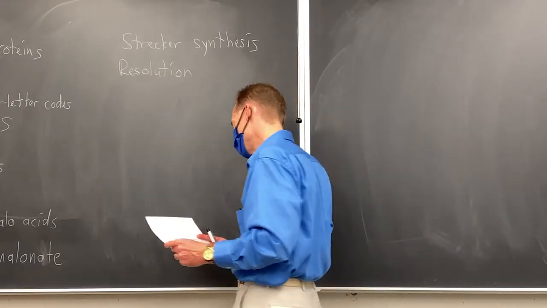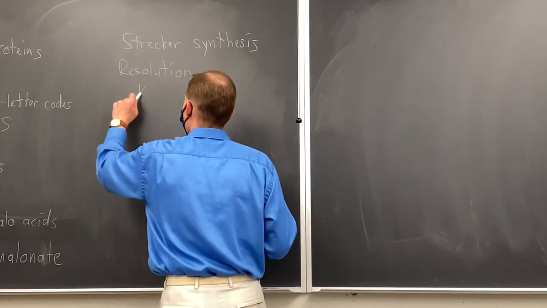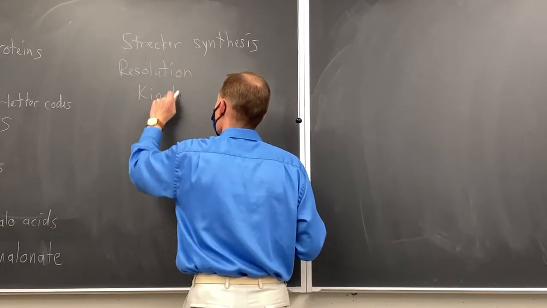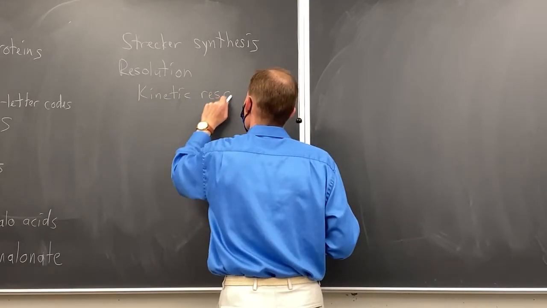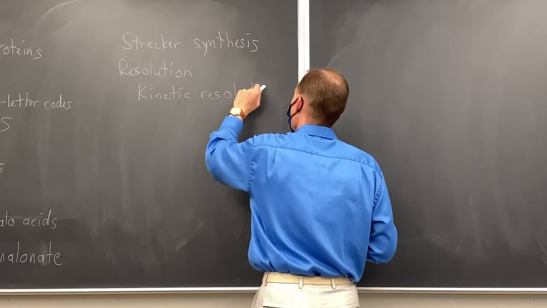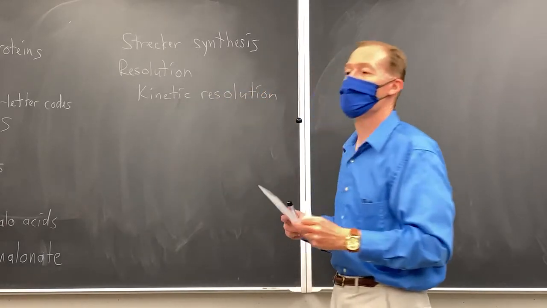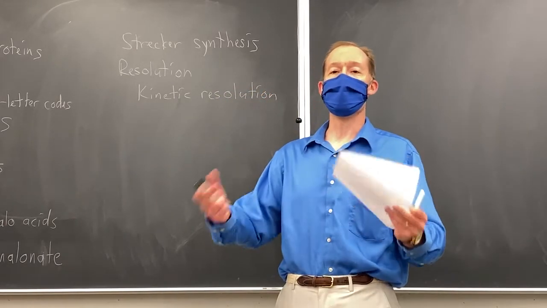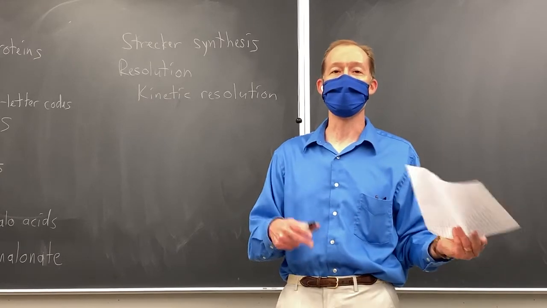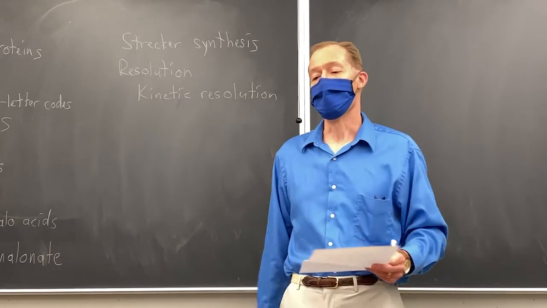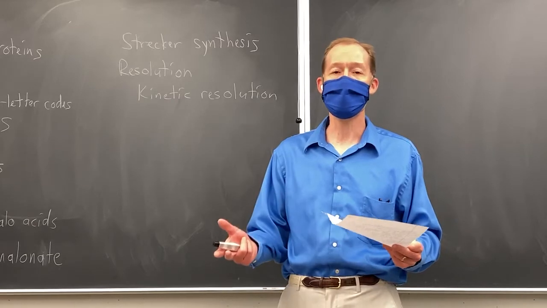There was a special subtype of resolution, kinetic resolution. That was where we subjected our mixture of enantiomers to a reaction that would be faster with one enantiomer than the other. That requires a chiral catalyst.